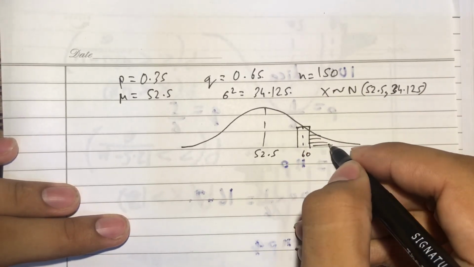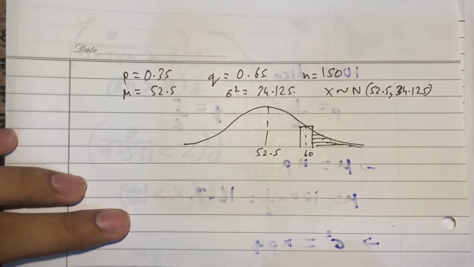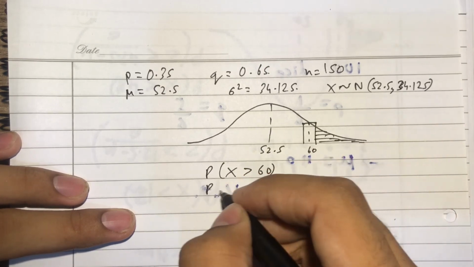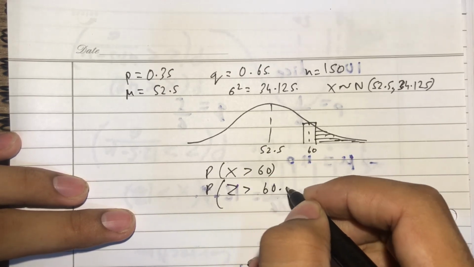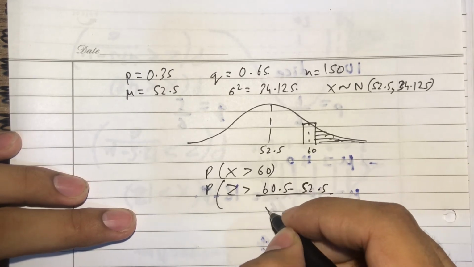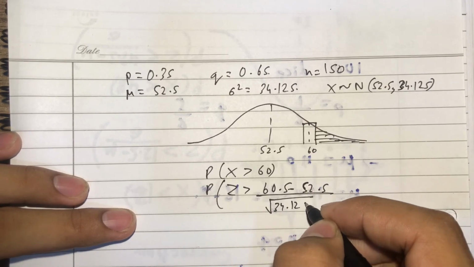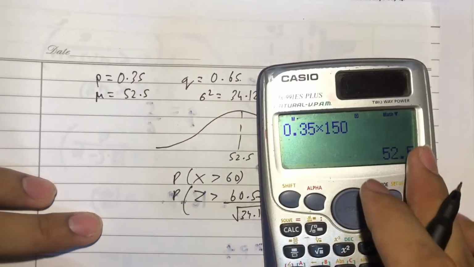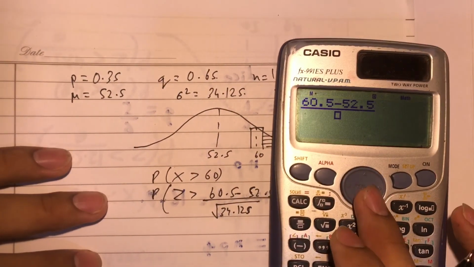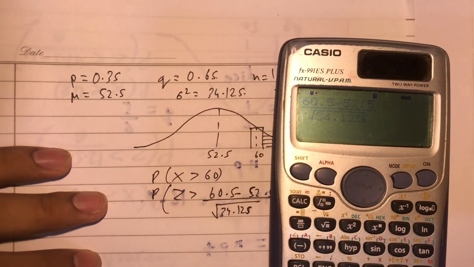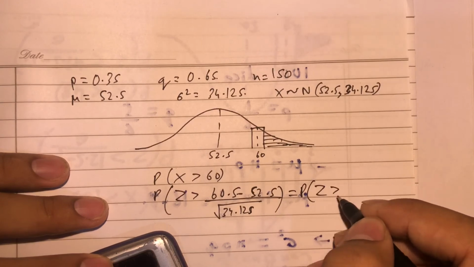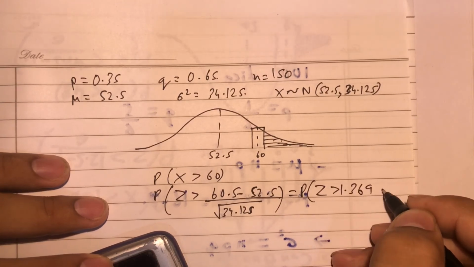More than 60 means more than 60.5. So probability of x greater than 60, probability of z greater than 60.5 minus the mean, that is 52.5, upon the deviation, which is root 34.125. So 60.5 minus 52.5 upon root 34.125. So z is greater than 1.369.